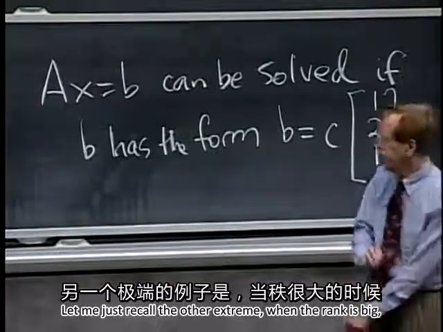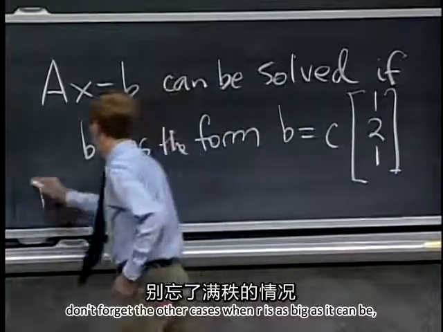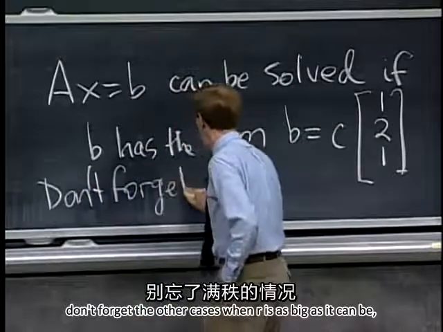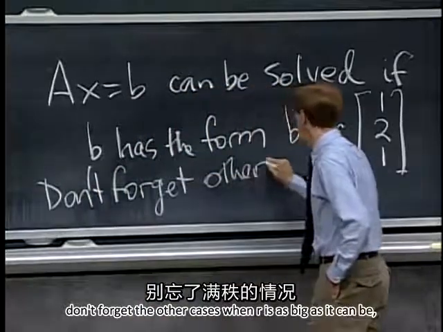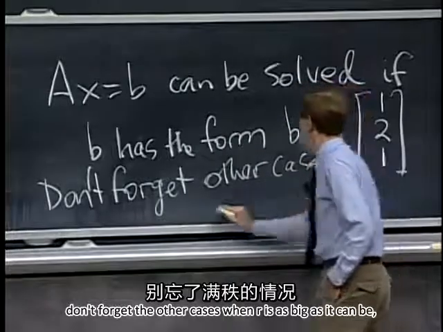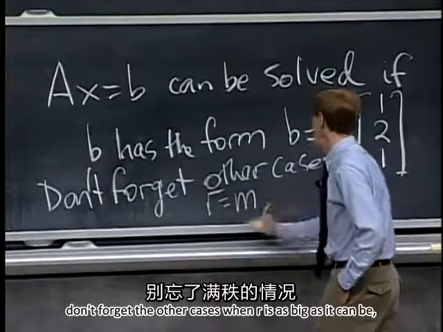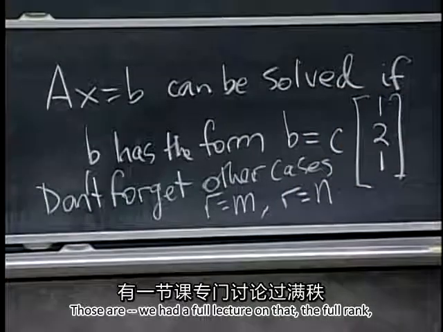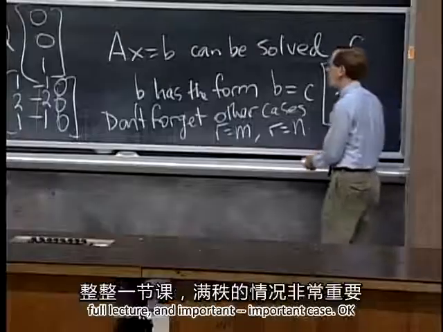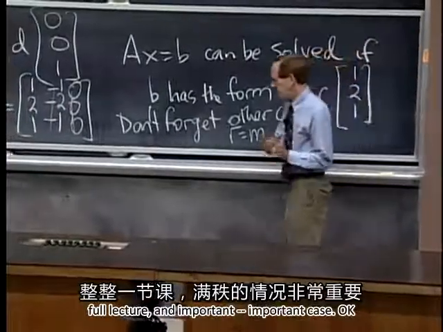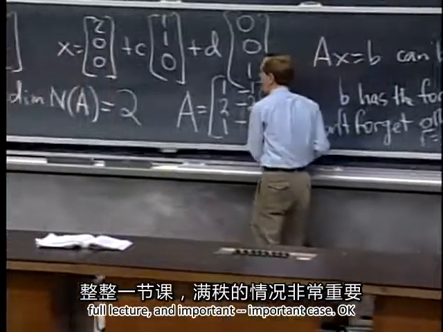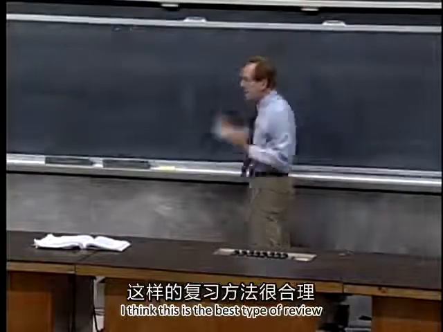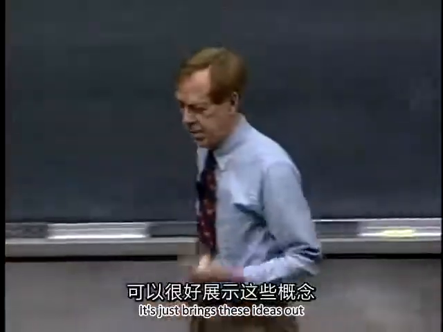Don't forget the other cases when R is as big as it can be, R equal M or R equal N. Those we had a full lecture on, full rank, important case. Okay. I'll just move on. I think this is the best type of review. It just brings these ideas out.